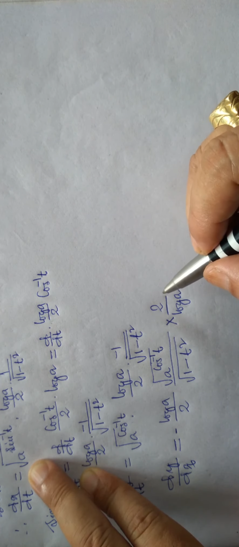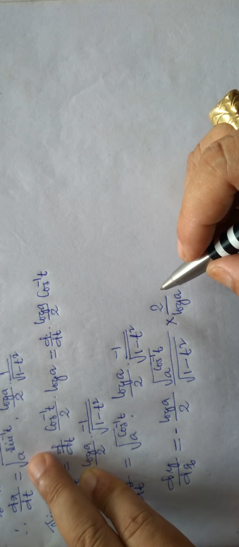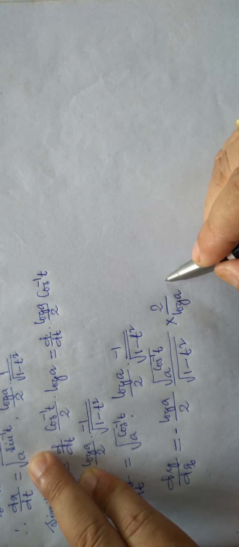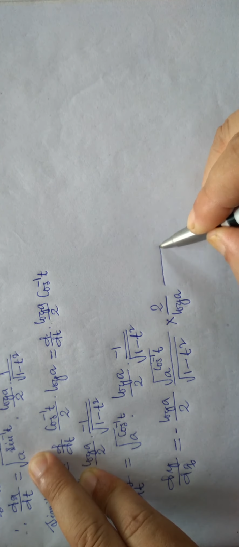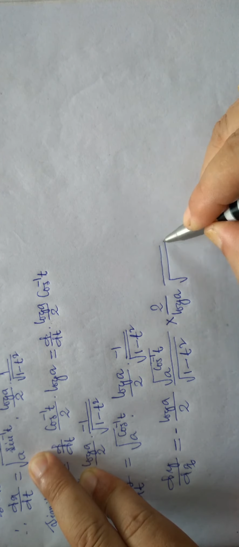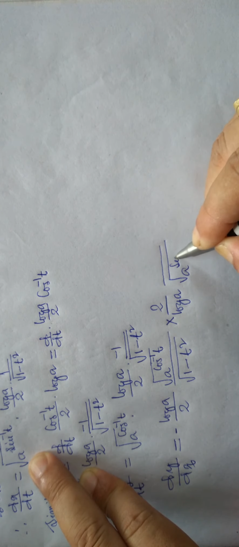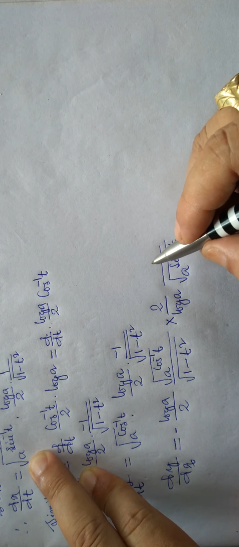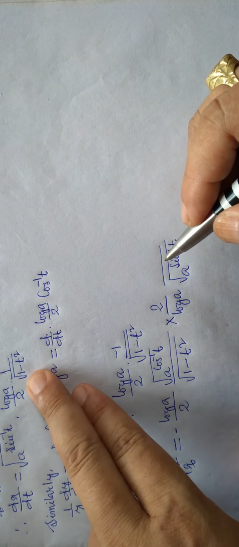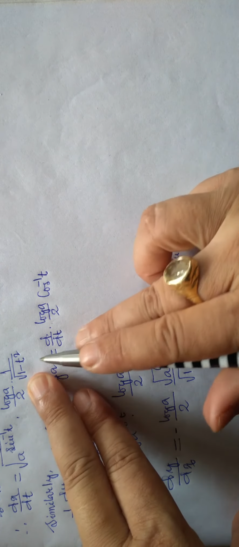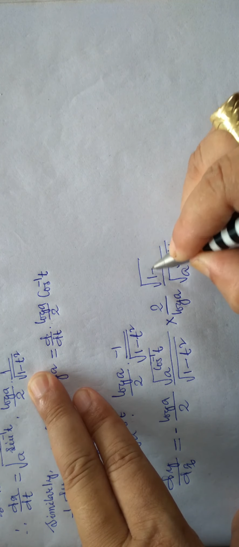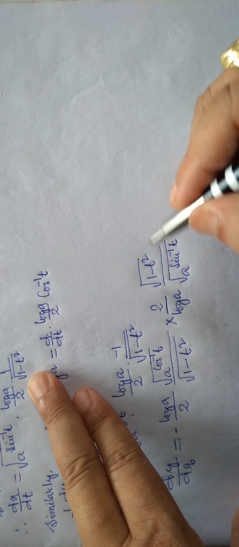In the denominator we are going to write a to the power sin inverse t, and in the numerator we are going to write 1 minus t square.